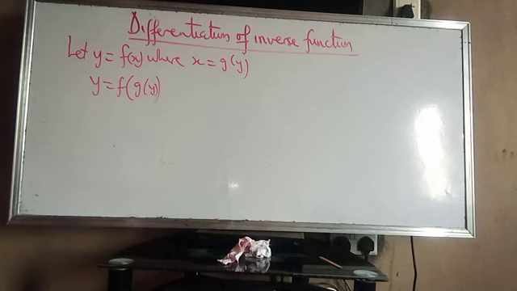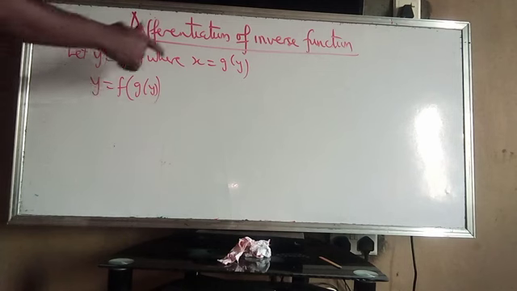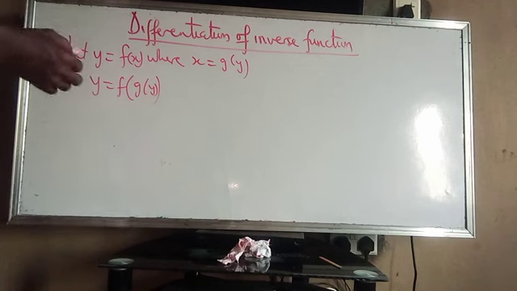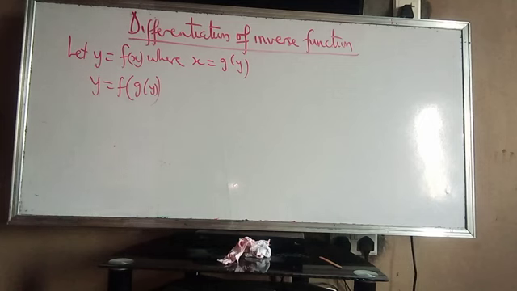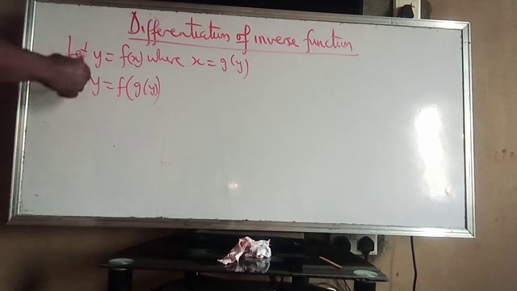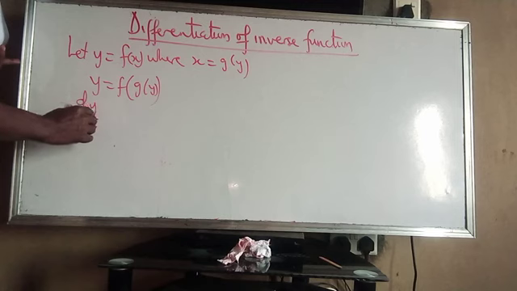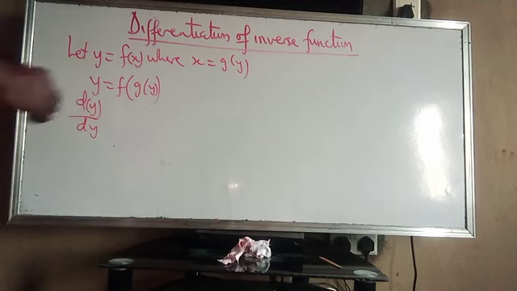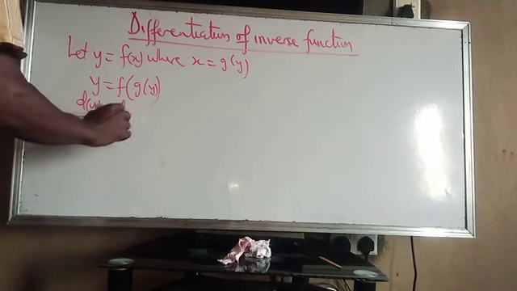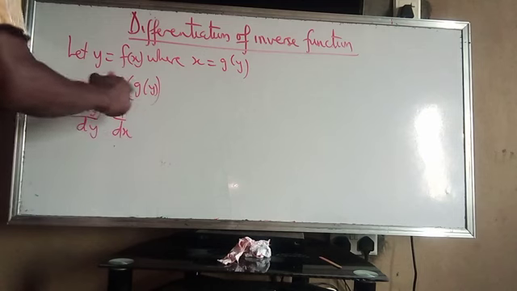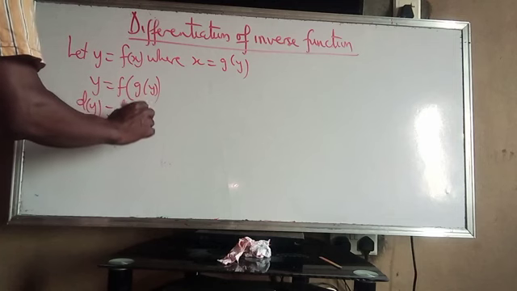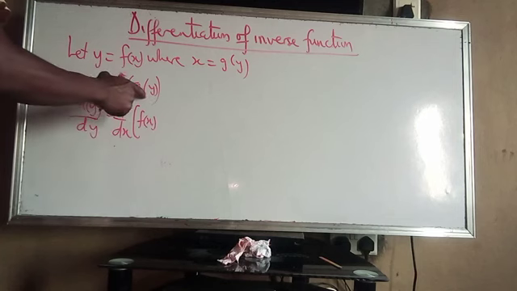Now, if we differentiate with respect to y here, as we have learned in our previous differentiation of composite function, or implicit function, this will be dy/dy, because we are differentiating y, equal to d/dx of f of x multiplied by this.